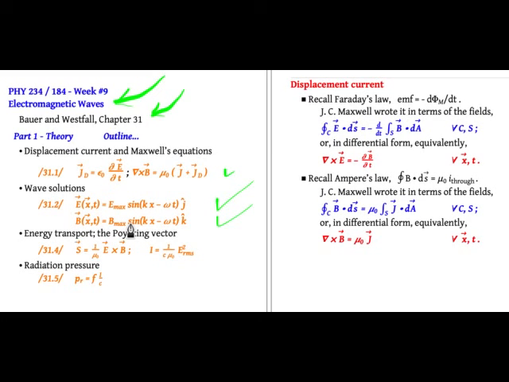When I say vacuum, I don't mean there's nothing there. I just mean there's no matter there. There are the electric and magnetic fields there. But there are no charged particles, there are no charged currents, there's no matter at all. It's just empty space. And these satisfy the equations of Maxwell's field theory.